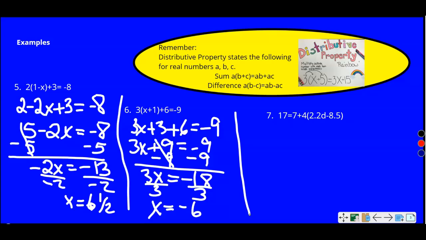All right, so the next one says 17 equals 7 plus 4 times 2.2d minus 8.5. So we're going to use distributive property again. So let's bring down the 17 equals 7. 4 times 2.2 is going to be 8.8d.